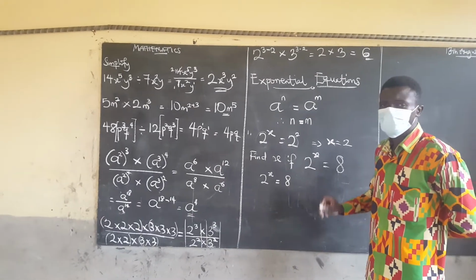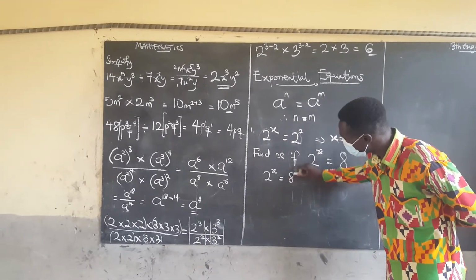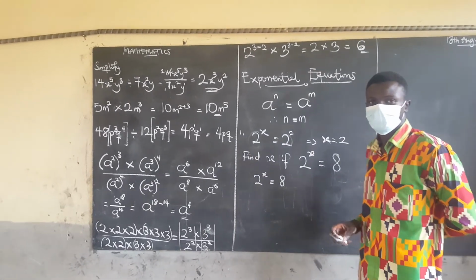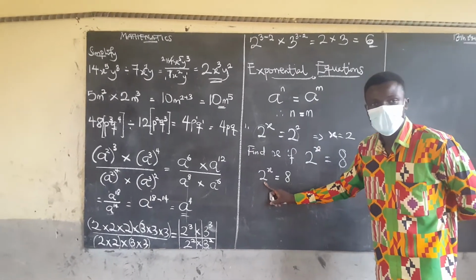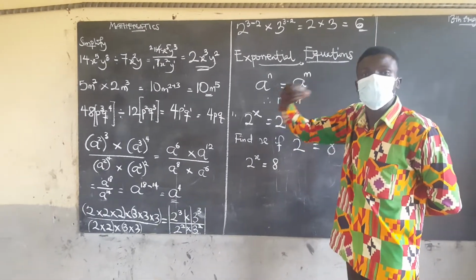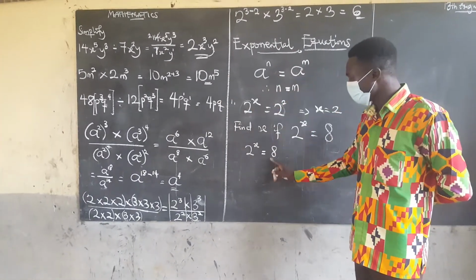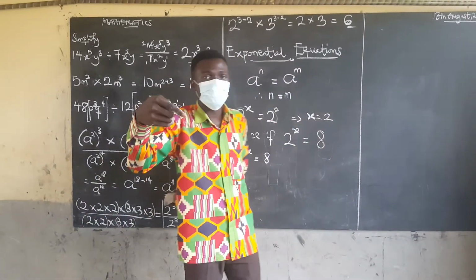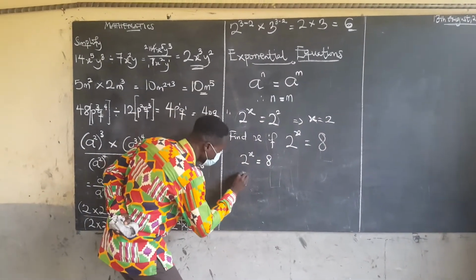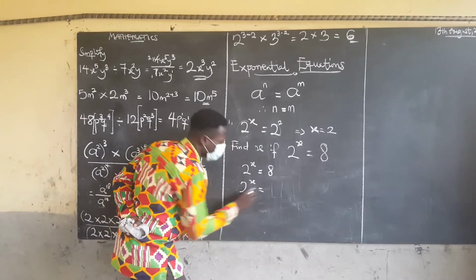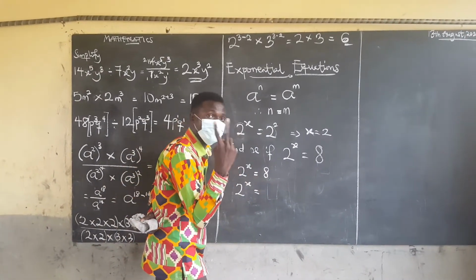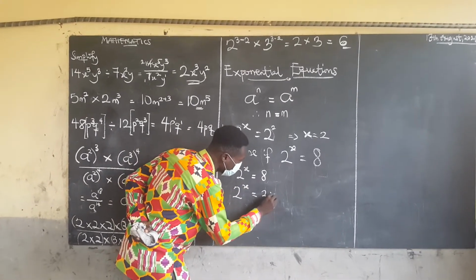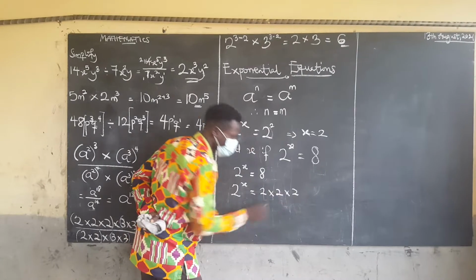So we have to make sure that this 8 looks just like this. So ask yourself, if 2 is the base here, then 2 times 2, how many times will give you 8? 2 times 2 is 4, 4 times 2 is 8. So 2 raised to the power x is the same, and this 8 in terms of 2 can be written as 2 times 2 times 2.